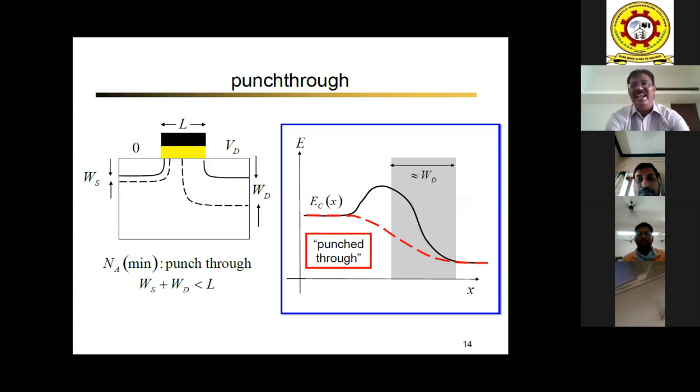It doesn't wait for the gate applied voltage and then gain energy and then cross the barrier. It actually has high energy because of the lateral field, and it punches through the barrier. So thereby you have an additional amount of carriers reaching the drain region. That is actually the punch through concept. It punches through the barrier because of the excess lateral fields.